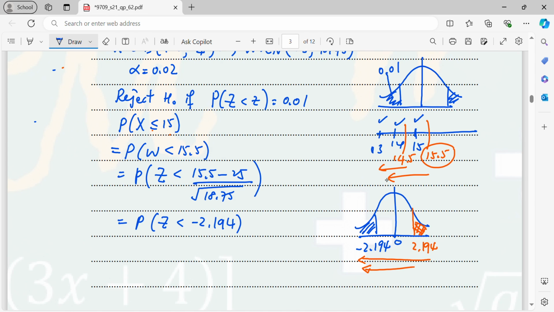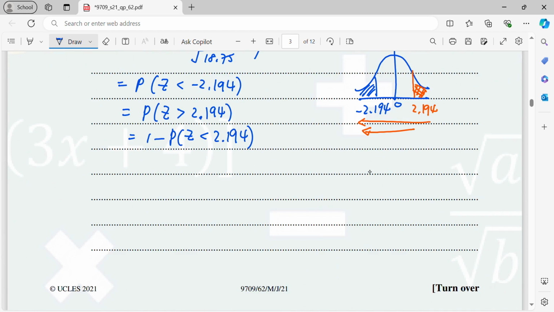So this is P(Z more than 2.194), the same as 1 minus P(Z less than 2.194). That probability you can get from the table: 0.9859, and so this is 0.0141.